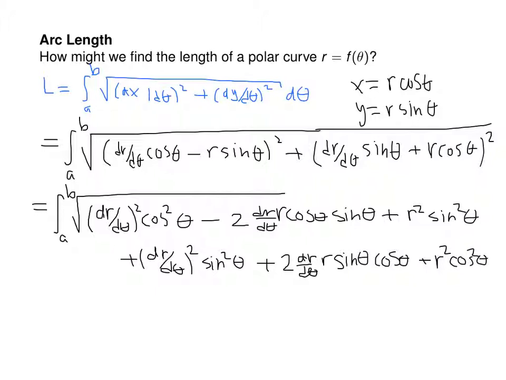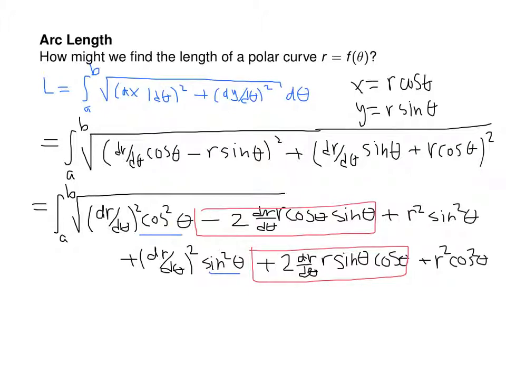And before you decide to quit this class right now, notice a couple things. This and that cancel, thank goodness. And cosine squared plus sine squared is 1, so with this term and this term you could factor out the dr d theta squared, and you'd have dr d theta squared times sine squared plus cosine squared.